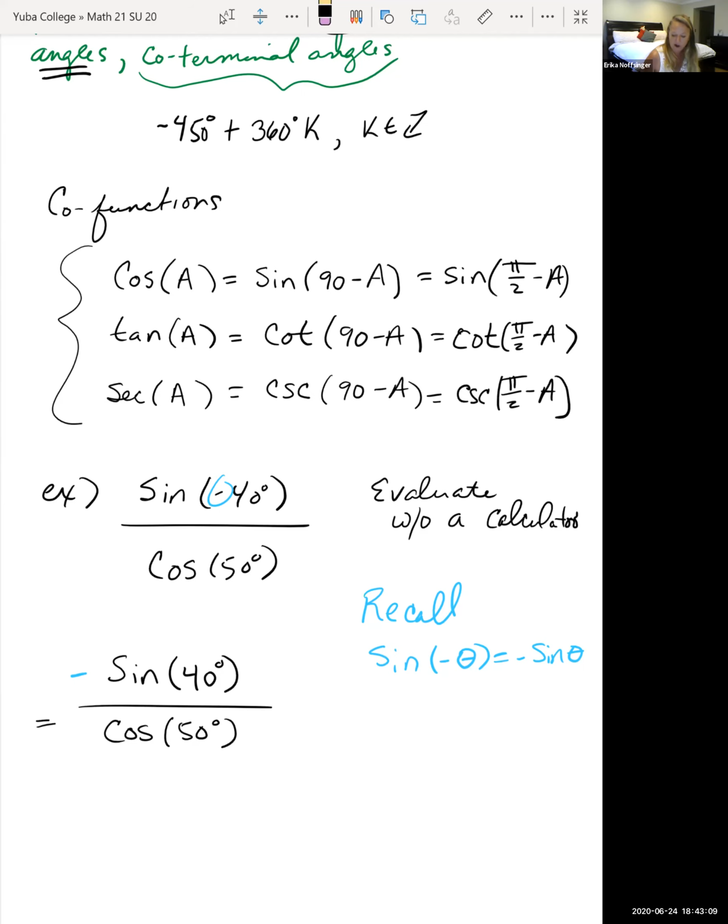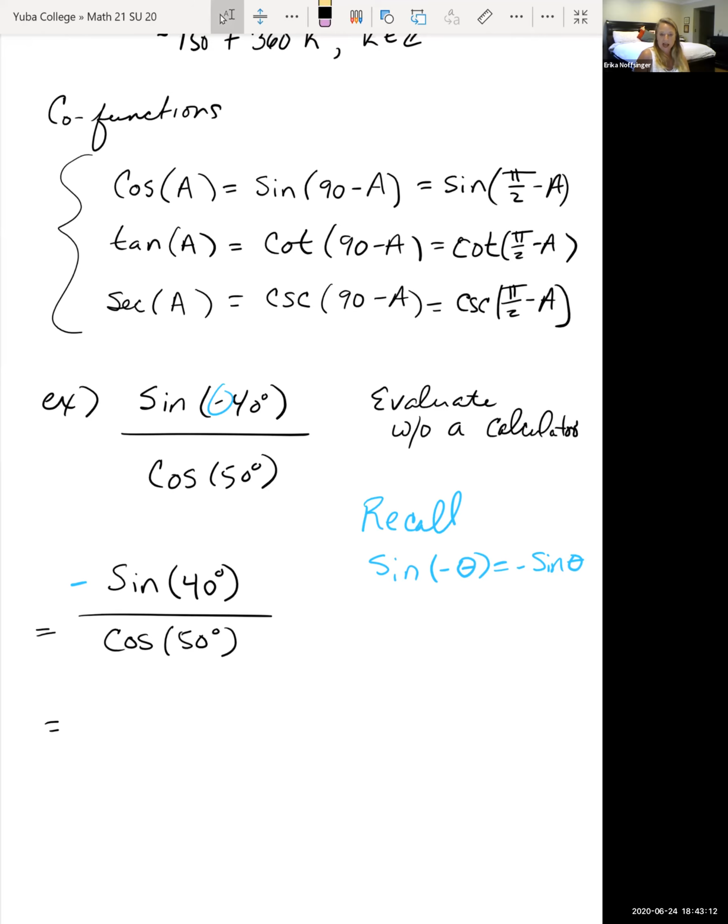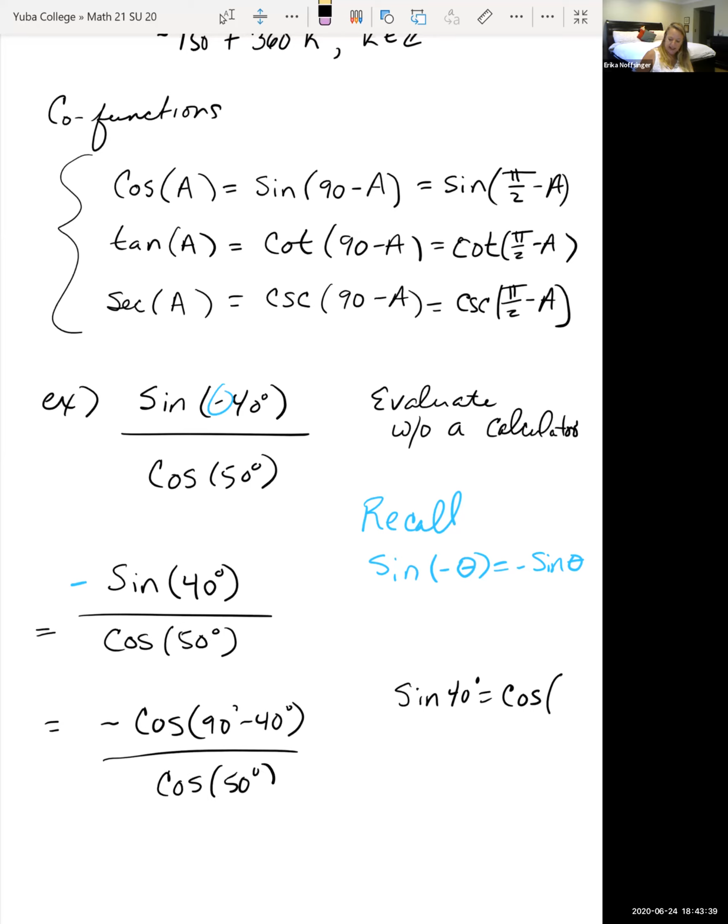Like you said, using the cofunctions above, either rewrite sine in terms of cosine or cosine in terms of sine, it doesn't matter. Let's just do sine. We know that sine of 40 is equivalent to cosine of 90 minus 40, all over cosine of 50. So this is negative cosine of 50 over cosine of 50, which is equal to negative 1.